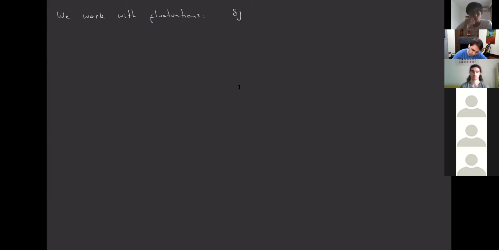So from now on, I will talk about the fluctuations associated to this photocurrent, which of course, as I am going to write in a second, is related to the fluctuations in the quantum field. So this is the photocurrent minus the average of the photocurrent.